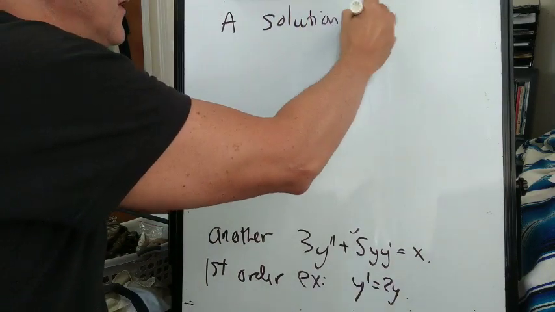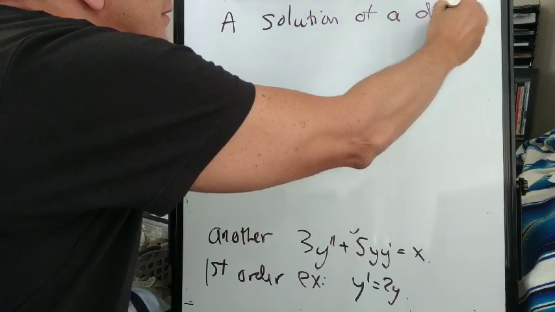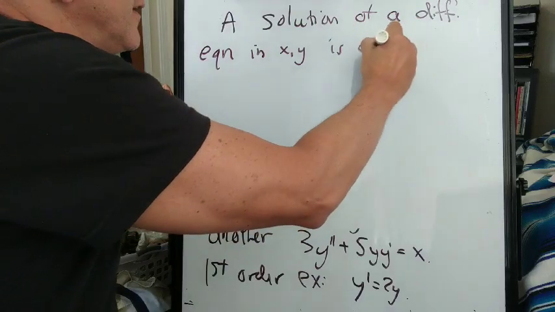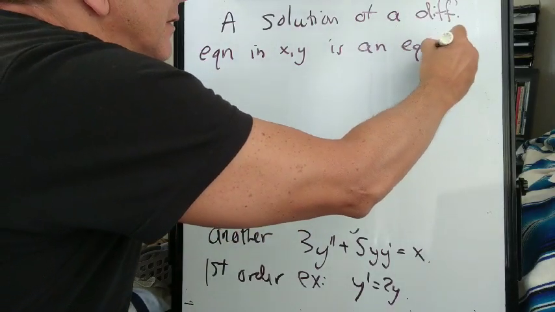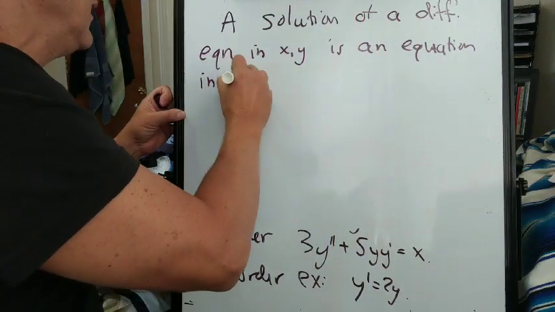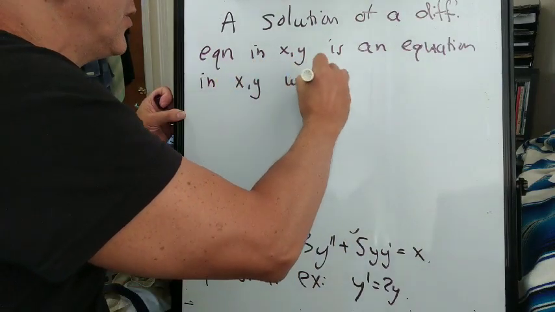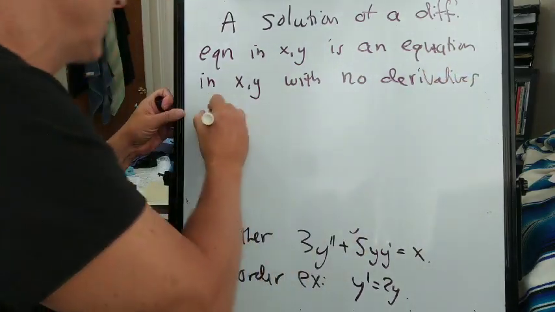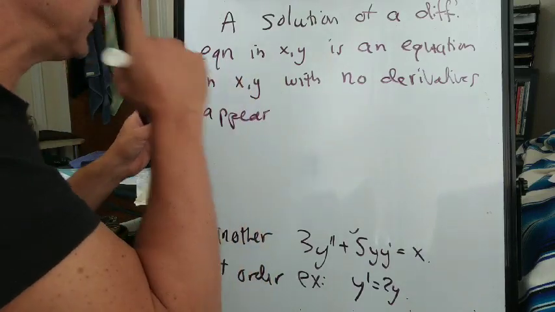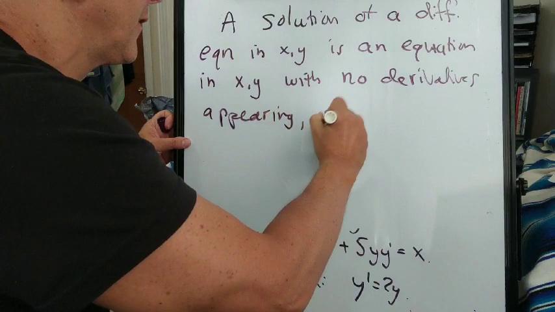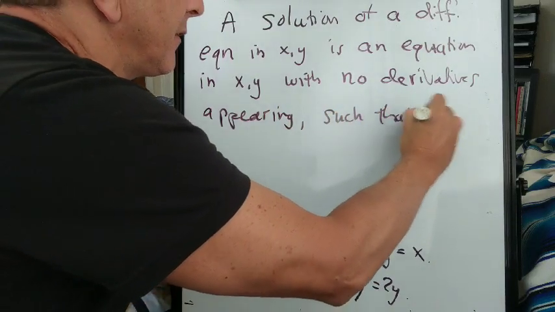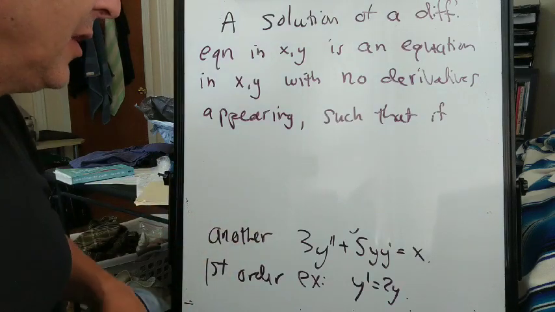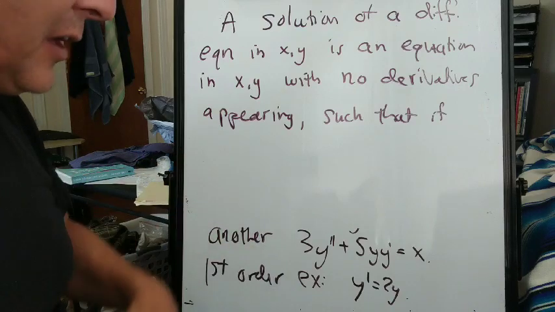So a solution of a differential equation in x and y is an equation in x and y with no derivatives appearing, such that if we solve for y and y prime and all its derivatives, those formulas satisfy the differential equation.